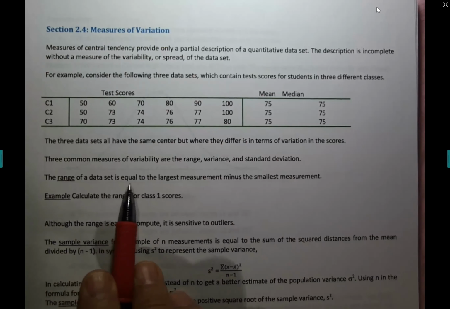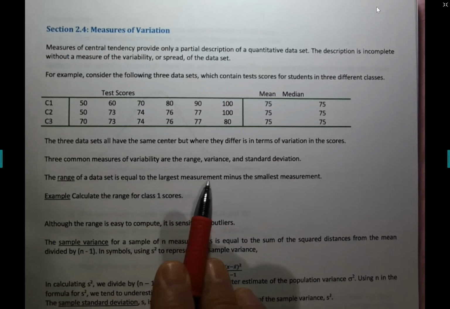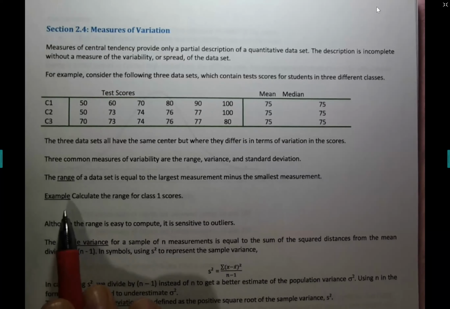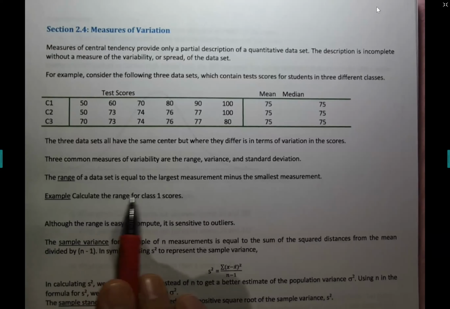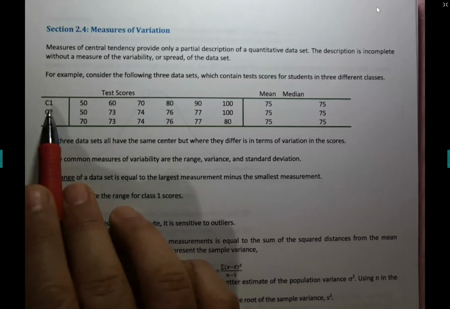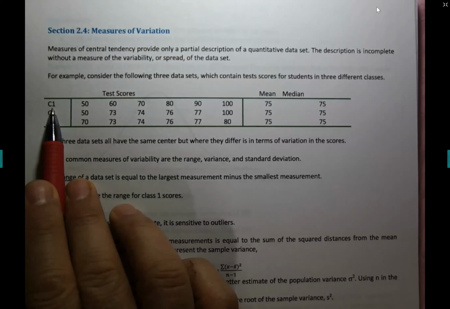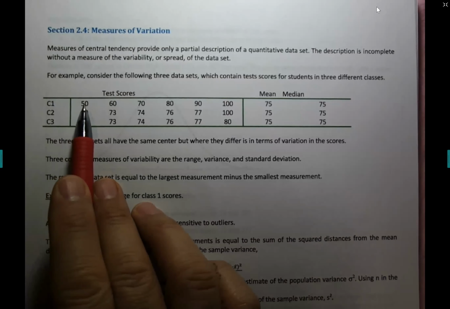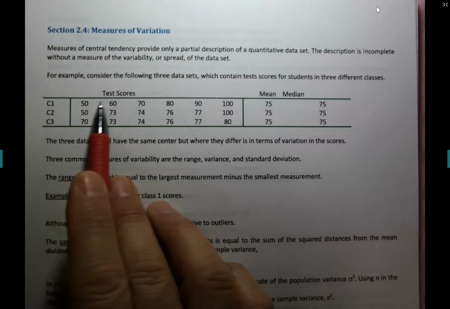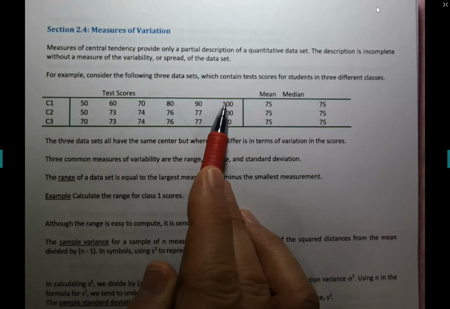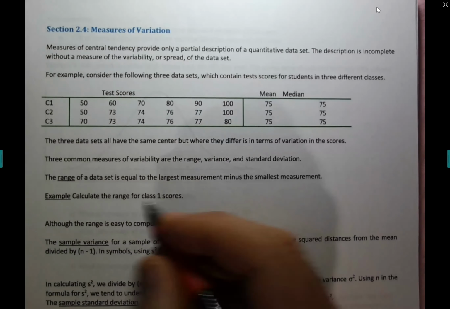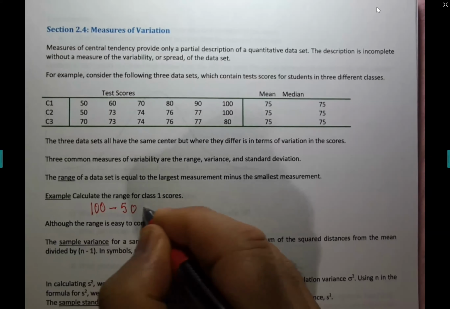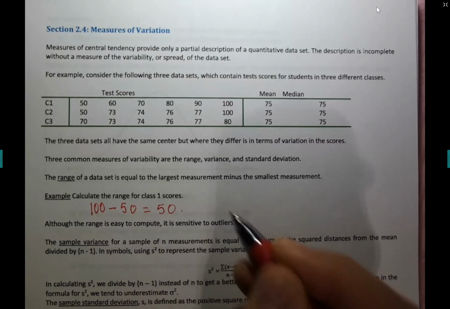The range of a data set is equal to the largest measurement minus the smallest measurement. And he wants us to do an example: calculate the range for class 1 scores. There's class 1. Can you tell me what the range is? I have the lowest value to be 50 and the largest value to be 100. So I think you agree with me, it's 100 minus 50.